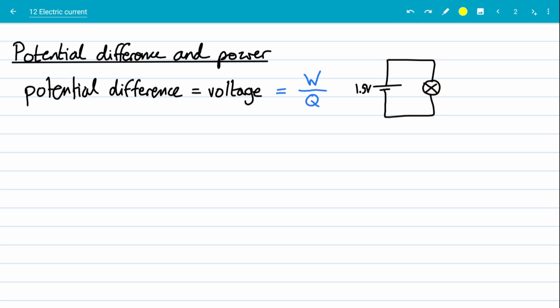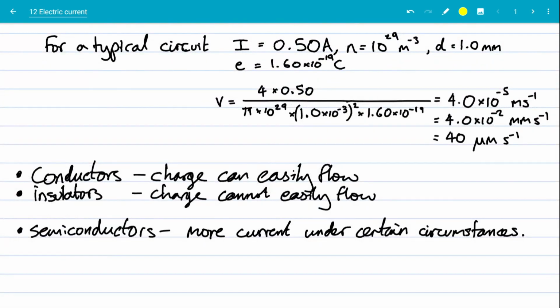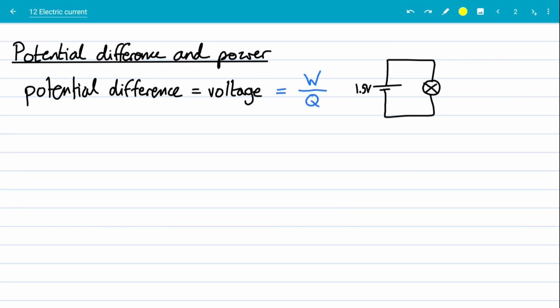Of course, that doesn't make any sense. It doesn't make any sense for maybe a few reasons. So one of the reasons is we already know from last lesson the drift velocity for the charges, yes, they're electrons, that are flowing in a circuit is really, really low. So it would take so long for the energy to be delivered to the lamp from the power supply.